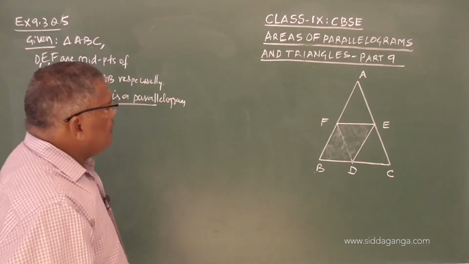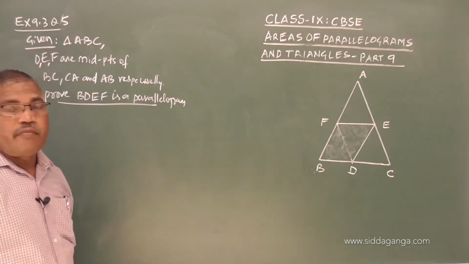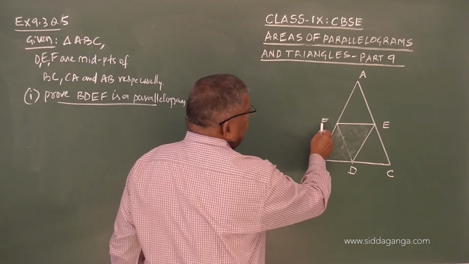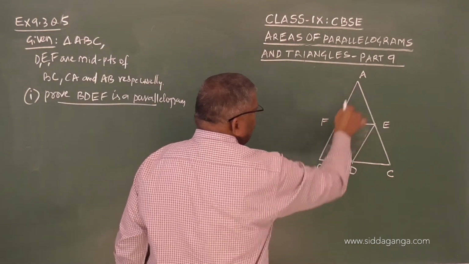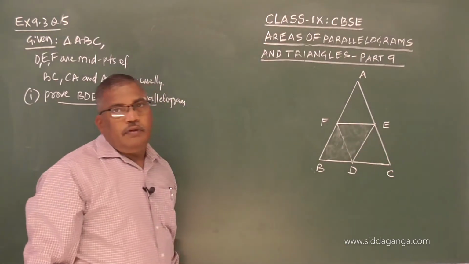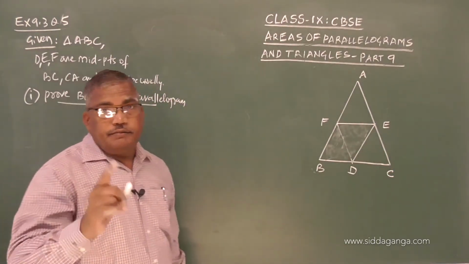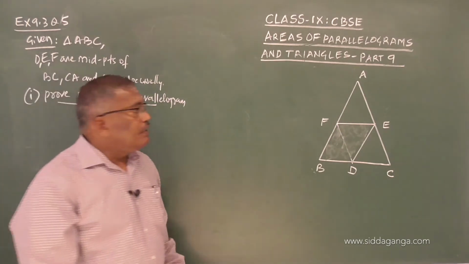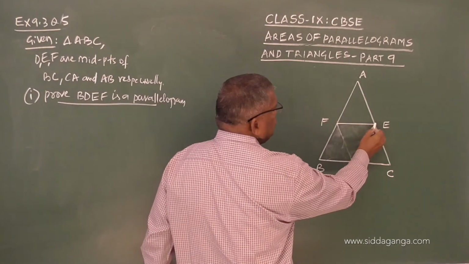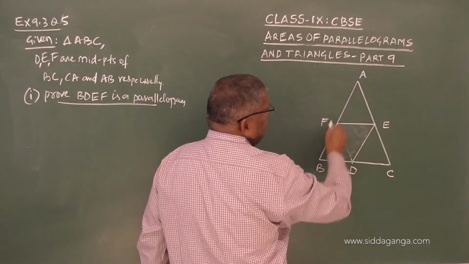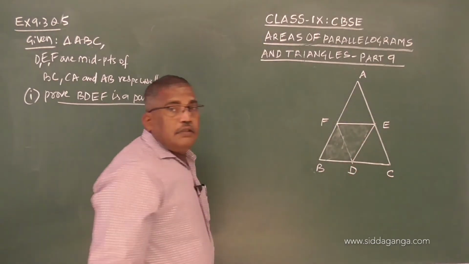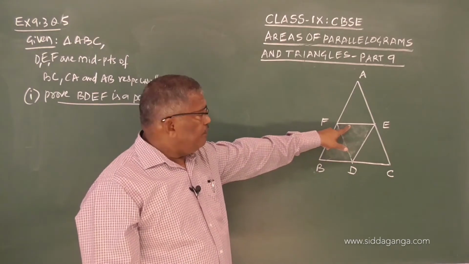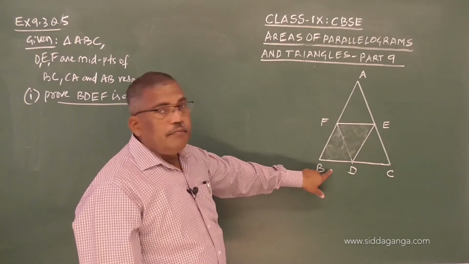Now observe the figure carefully. F and E are midpoints of these two sides. By the midpoint theorem, when two midpoints of two sides are joined, the line FE will be parallel to the third side BC.